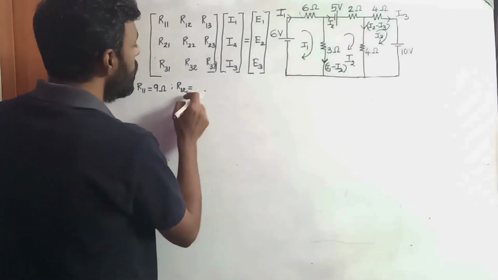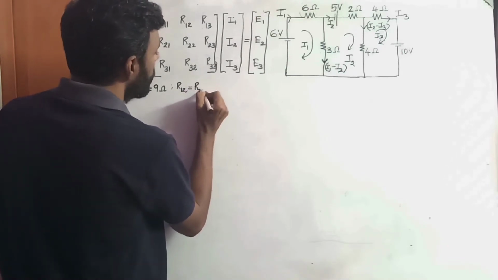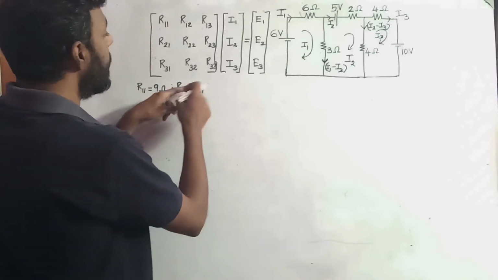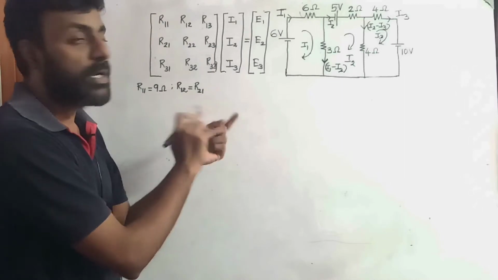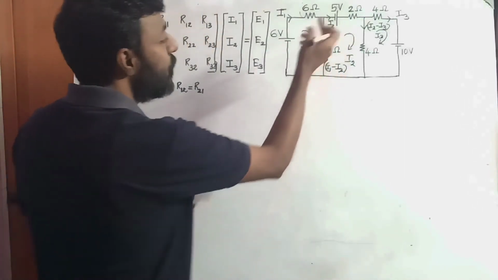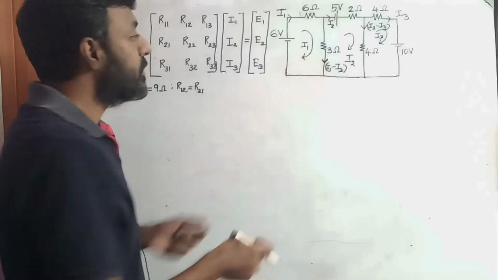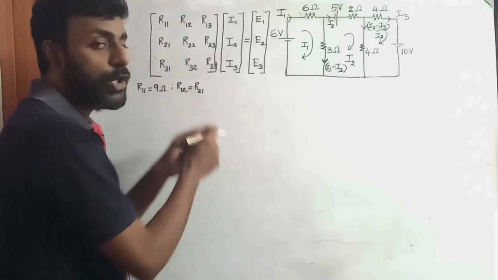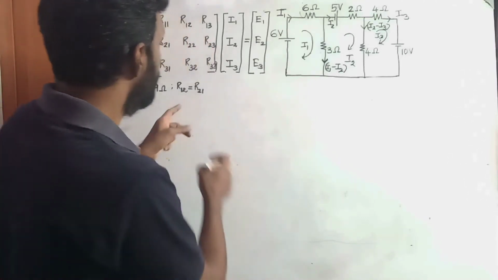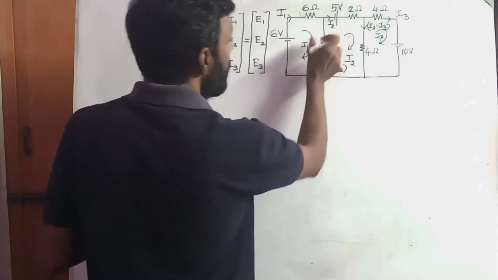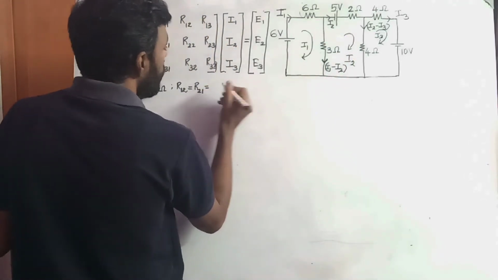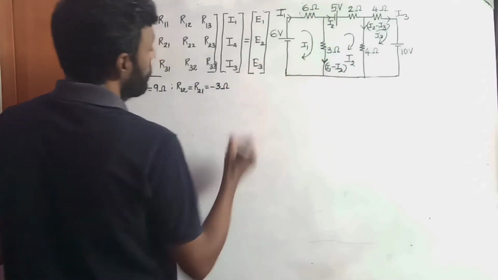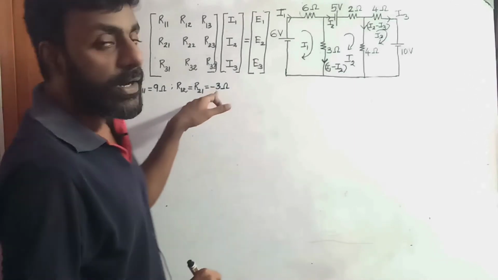R12 is equal to R21, because when we interchange the compartments, for compartment 2 and 1, the 3 ohm resistor will also be common. So the common value is 3 ohms, but instead of putting 3, you need to put a negative sign and say minus 3 ohms.